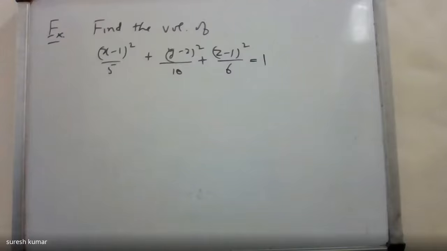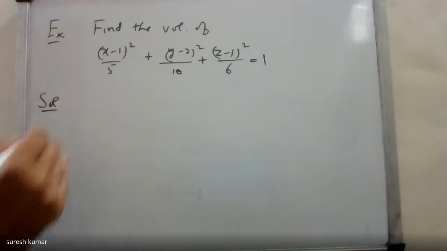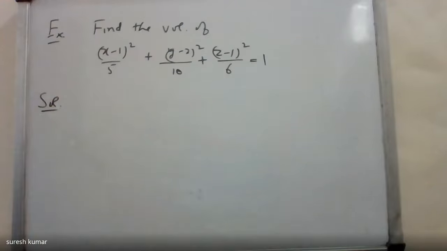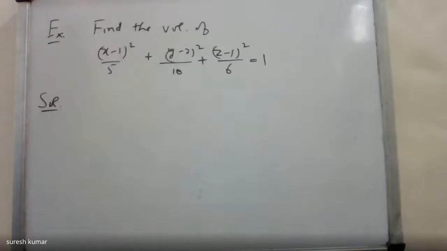This is an ellipsoid centered at (1, 2, 1). How to find its volume? It is the volume of an ellipsoid.